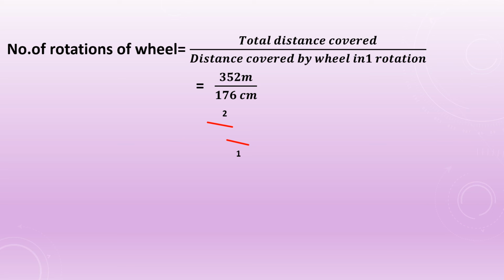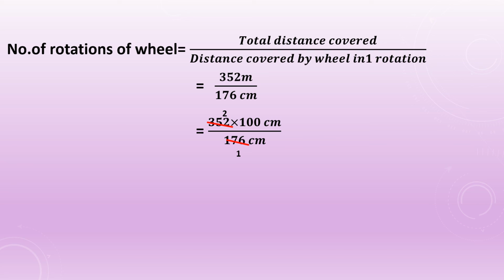So first of all, we convert both into the same unit. As you know that 1 meter equal to 100 centimeter, 352 meter can be converted into 352 multiplied by 100 centimeter whole divided by 176 centimeter.